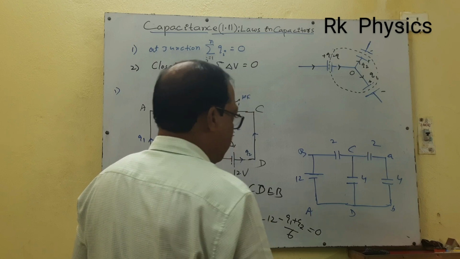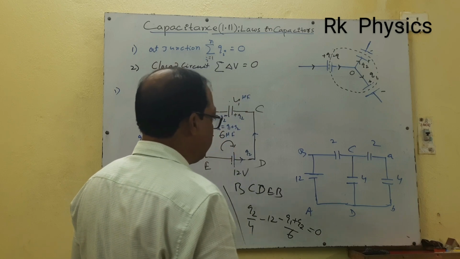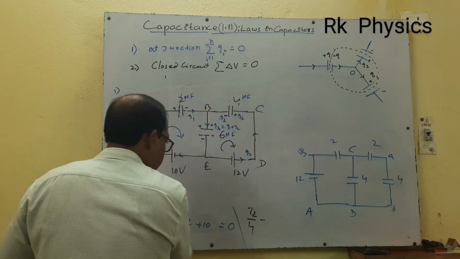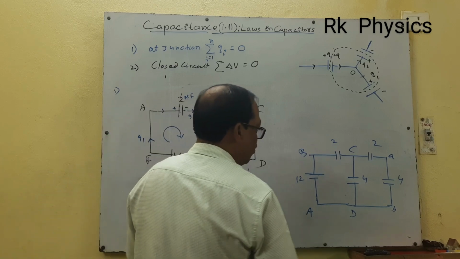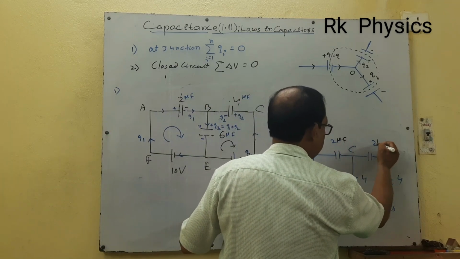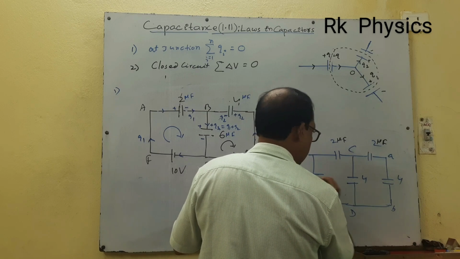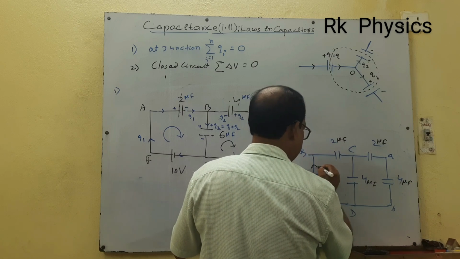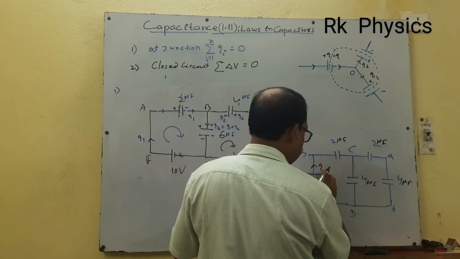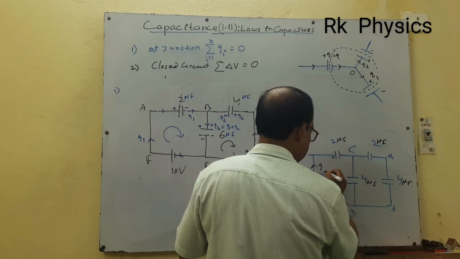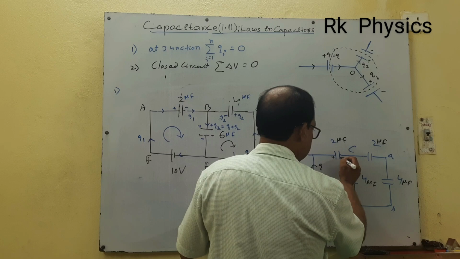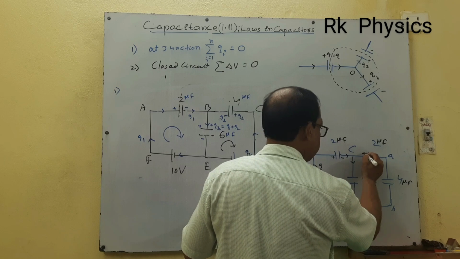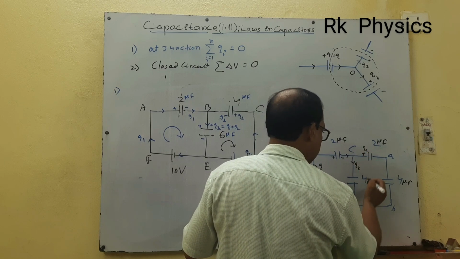Now these are the equations. Similarly, you can use this loop and write two equations. These are the microfarads. This is 12 volts, only one cell. Now this cell provides charge Q, only one charge, so say plus Q. Then this is minus along this direction, this means plus Q2 plus Q3.